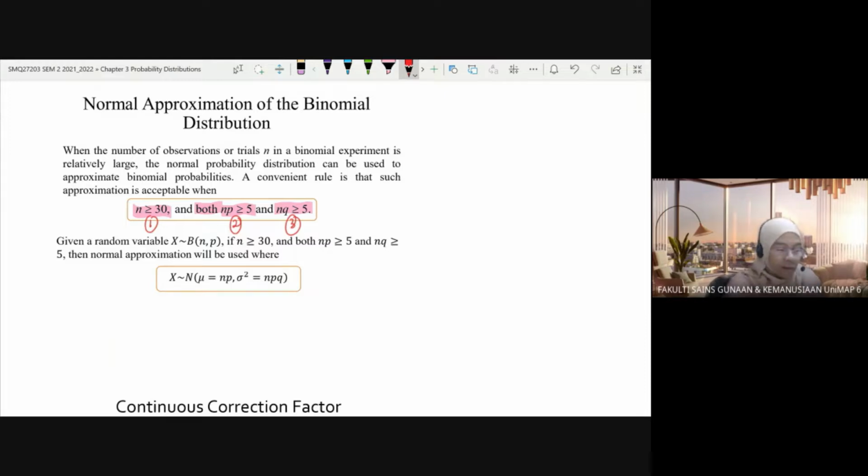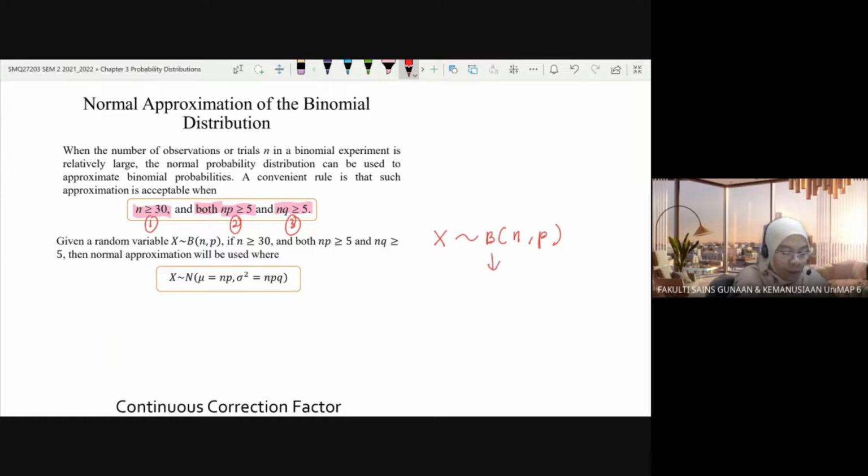And how can this be done? When you have checked that all the criteria are fulfilled, then we know the original distribution for this experiment is binomial with parameters n, the number of trials, and probability of success p.